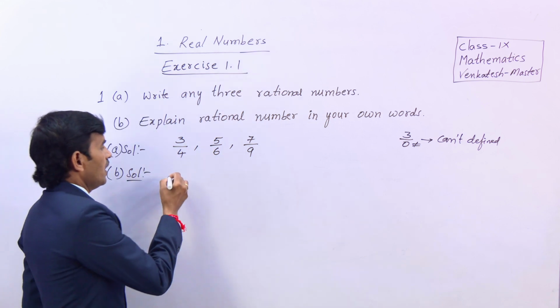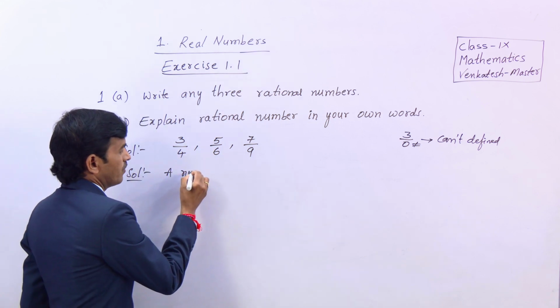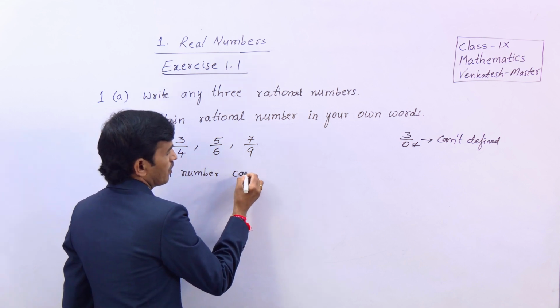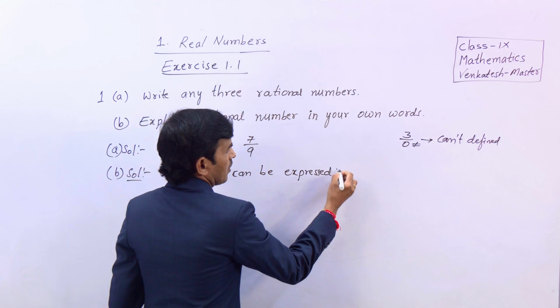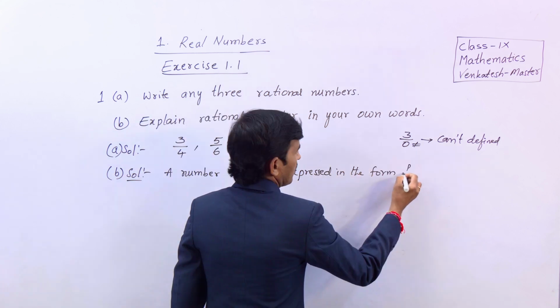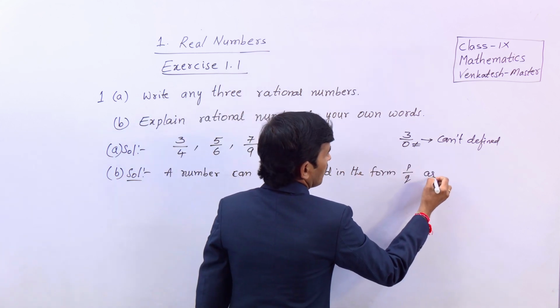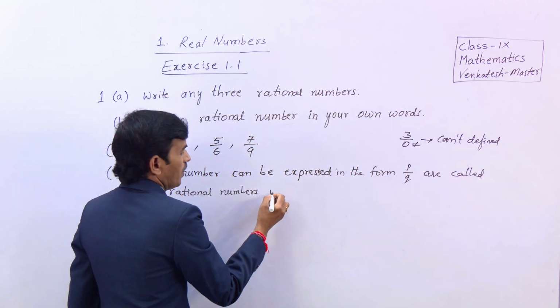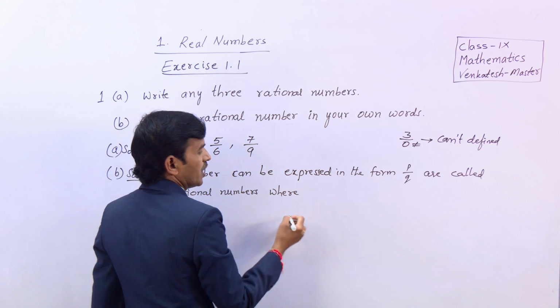What is that? A number which can be expressed in the form P by Q is called a rational number, where what is the condition on P and Q?